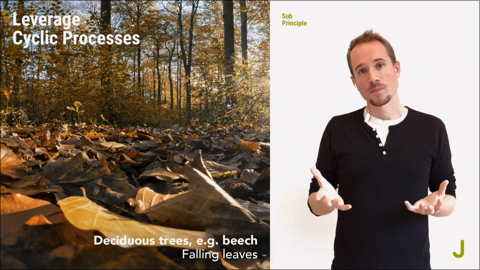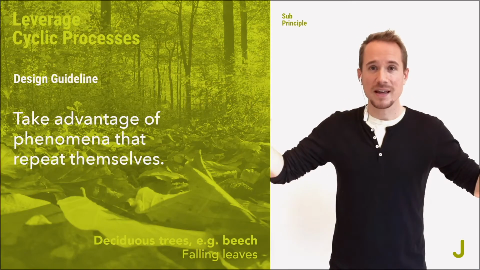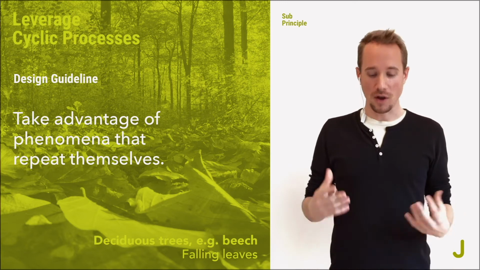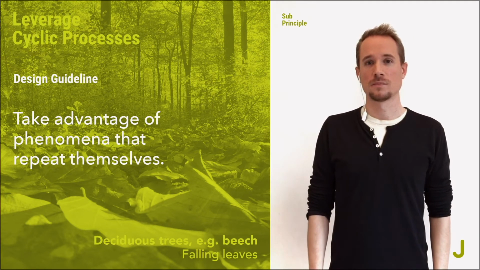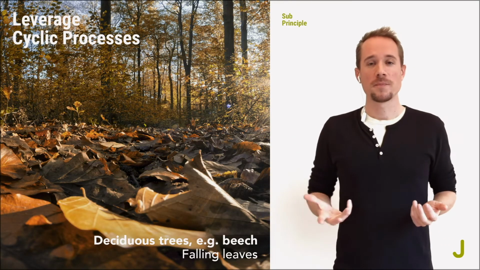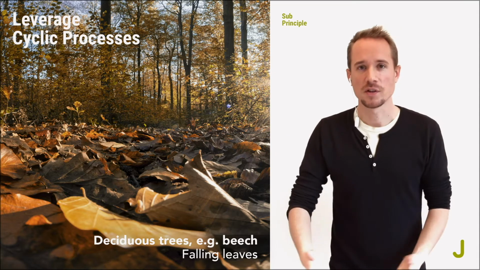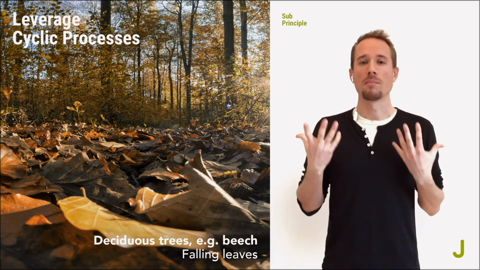So, what's our design guideline here? Take advantage of phenomena that repeat themselves. So in our ecosystem of our tree, if our tree is a deciduous tree, like a beech, this is a very, very important part.